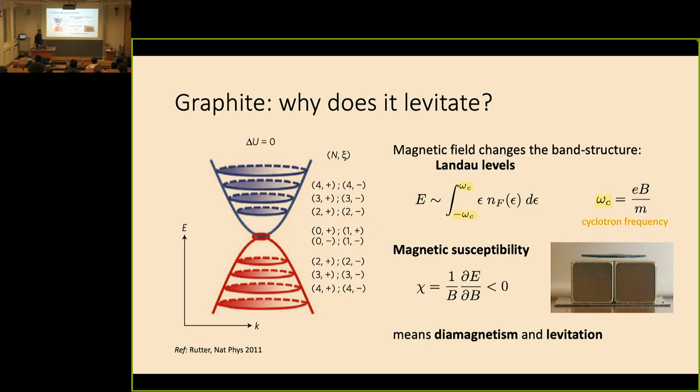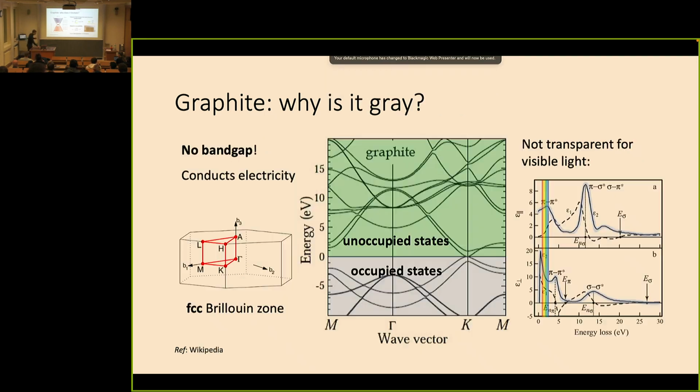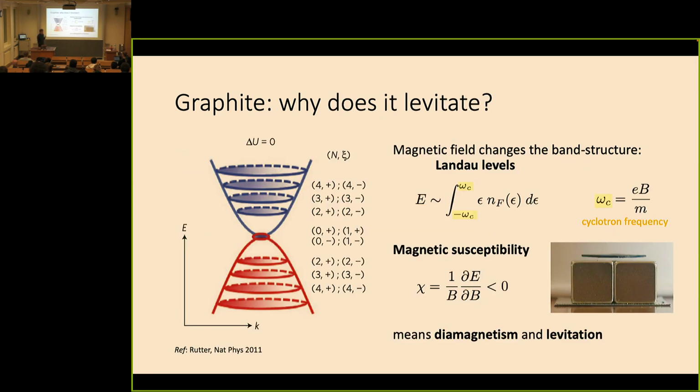Now, I promised to tell you why it levitates, and that's actually a kind of funny property of this guy. Here you have so-called band touching. It looks quadratic here, there's a whole band, and the other band exactly touches it. When I now put a magnetic field on that guy, out of this band touching you will create so-called Landau levels.